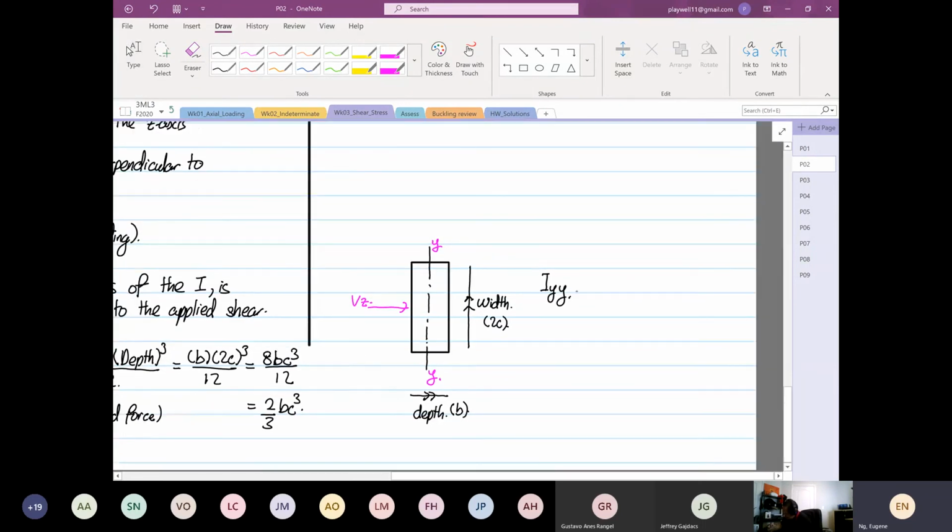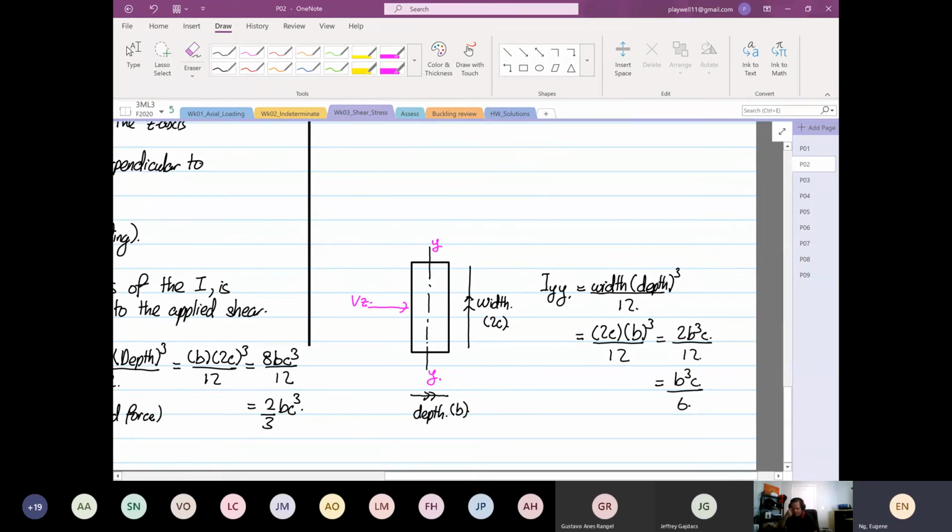So the formula is still the same, equal to width multiplied by depth, power of 3 divided by 12. So now the width is 2C. The depth now is B cube divided by 12. So this will be equal to 2B cube C over 12, which is equal to B cube C over 6.